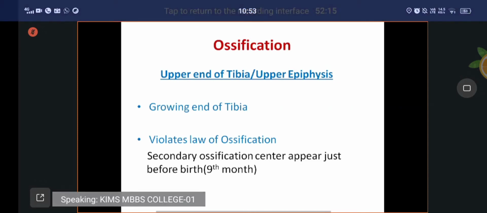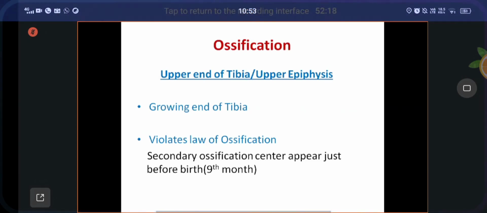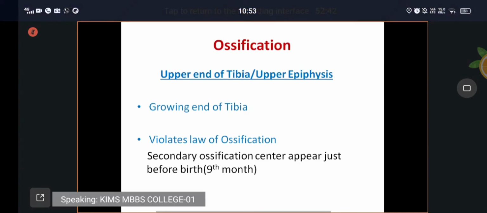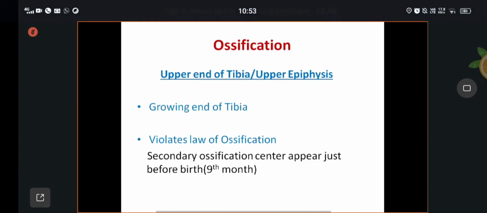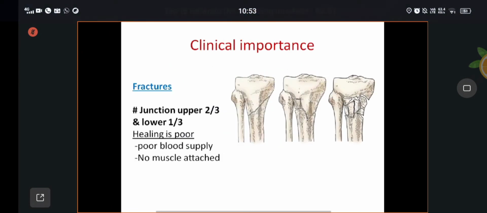They violate the law of ossification, that is, the secondary ossification center develops before birth. Another common point is that the epiphysis appears first and fuses with the diaphysis last. These are the three common points of these three parts of the bones.